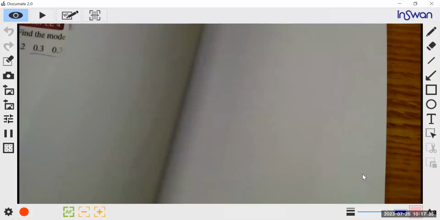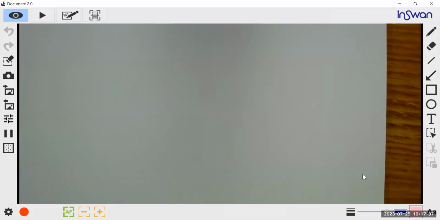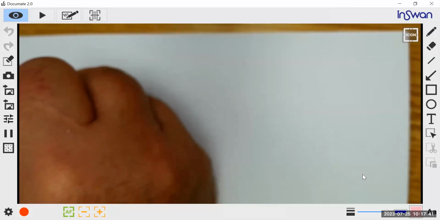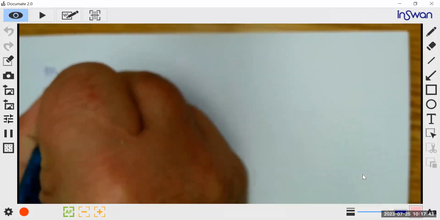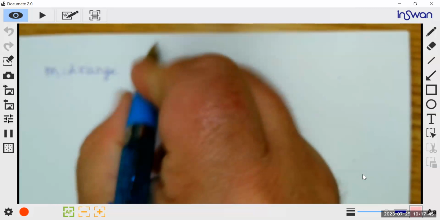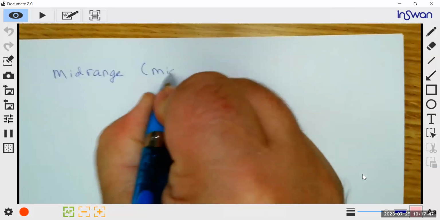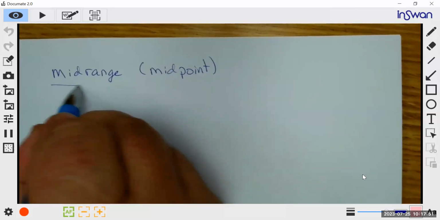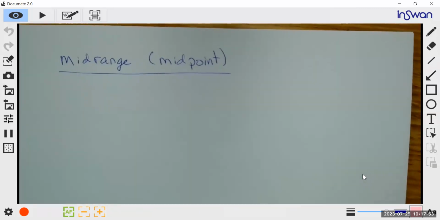Okay, the next one is a calculation called the mid-range. Well, your book calls it mid-range. Call it the midpoint.